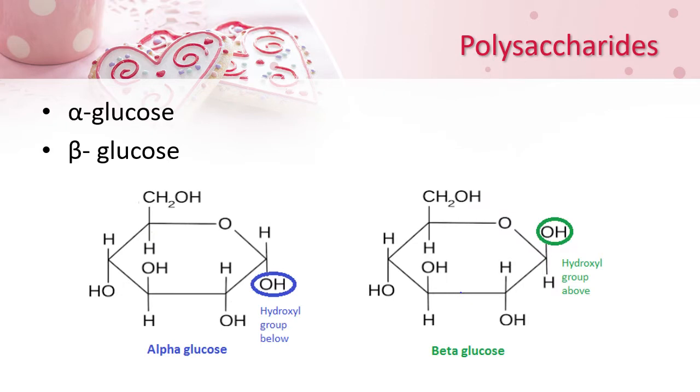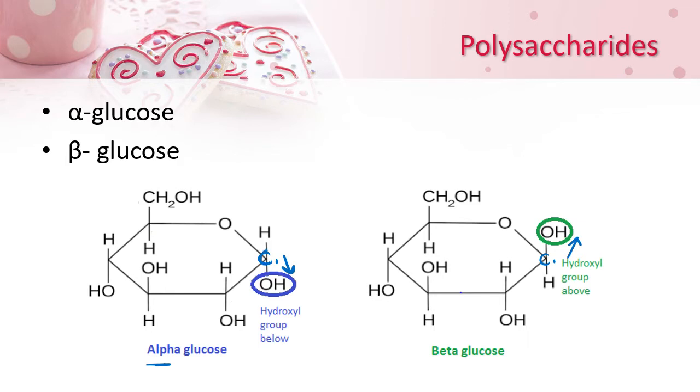So I mentioned this idea of alpha glucose. There's also a beta glucose, and the difference is simply this. So this is carbon number 1. We call this carbon number 1. And on alpha glucose, the OH group, the hydroxyl group, points down, whereas in our beta glucose, that hydroxyl group points up.